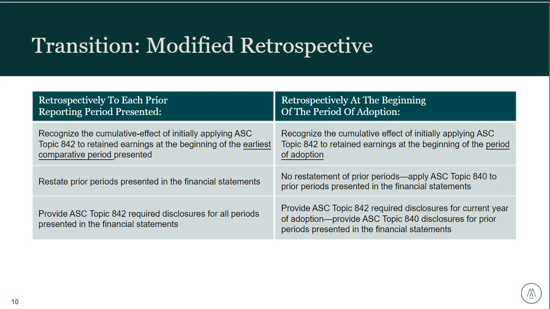So recording everything from 1/1/22 going forward is the option there on the right that, I believe, about 78% of public filers use. You would not restate prior periods. To the extent necessary, you would record an opening hit to retained earnings.